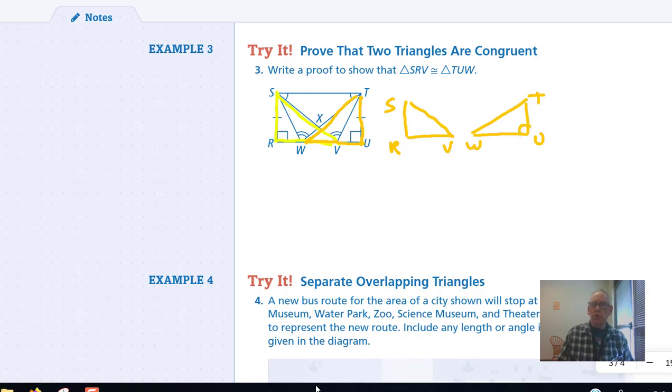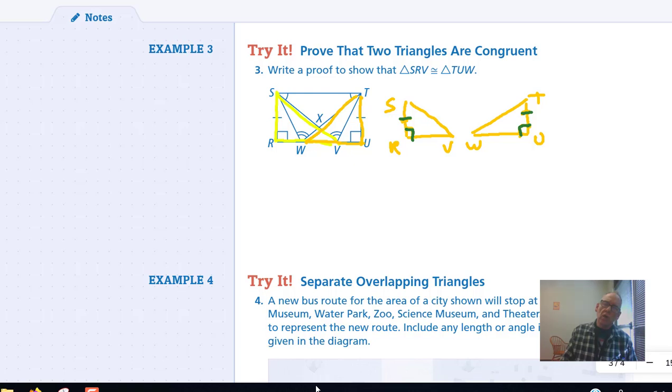So we got the two right angles are congruent. Got that. This TU side is marked as congruent to the SR side. So TU and SR are congruent, and these two angles are congruent, and it's a right triangle. So right now I got a leg. Can I get the hypotenuse?